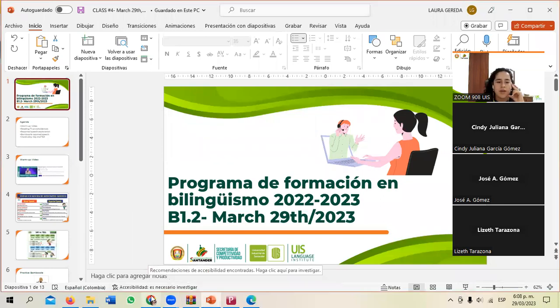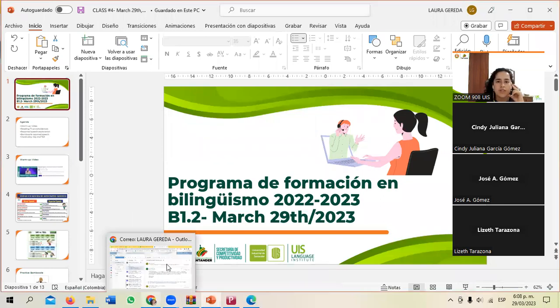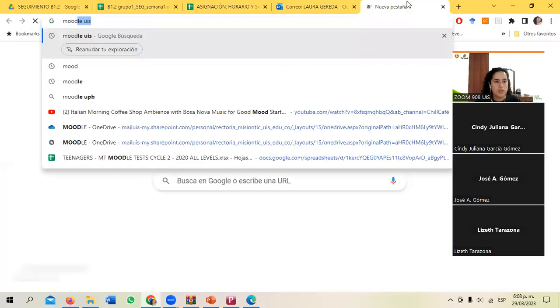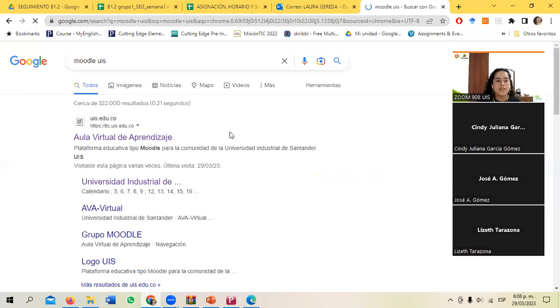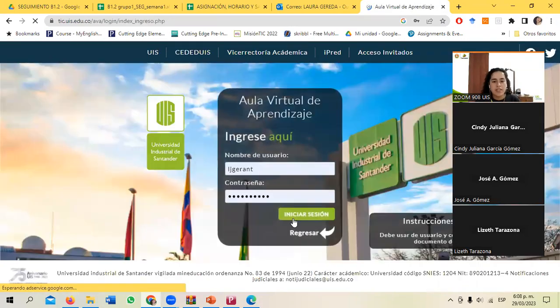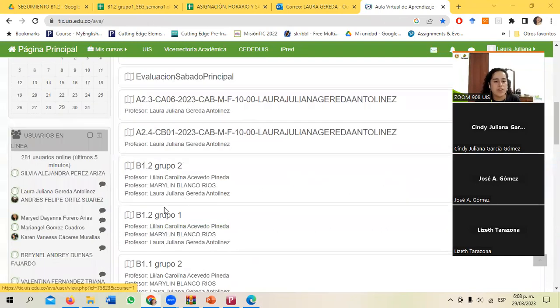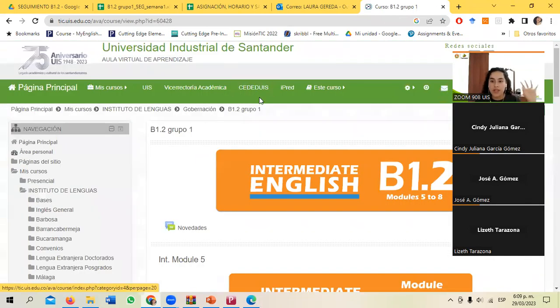Before we start, I want to remind you about Moodle. Please start working on Moodle. You can do it simultaneously while we are studying Unit 5, 6, or 7, so it doesn't pile up and you don't have a lot of work at the end.